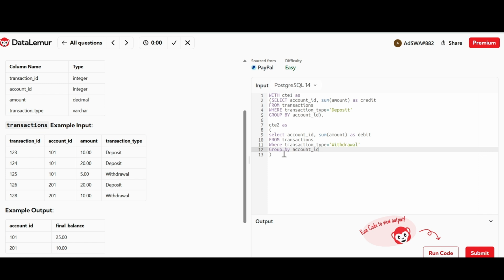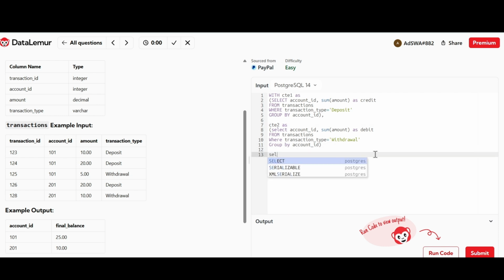This is our common table expression. Till now we have made two expressions. If we are not sure what is happening, we can just print both common table expressions.